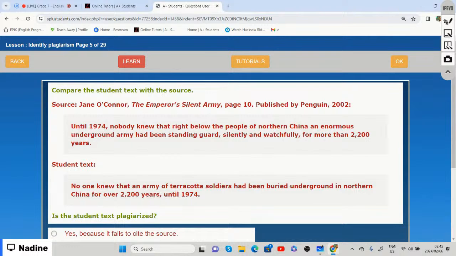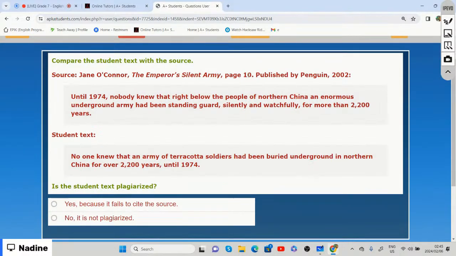All right. And the last one says: until 1974, nobody knew that right below the people of northern China, an enormous underground army had been standing guard silently and watchfully for more than 2,200 years. And the student writes: no one knew that an army of terracotta soldiers had been buried underground in northern China for over 2,200 years until 1974.